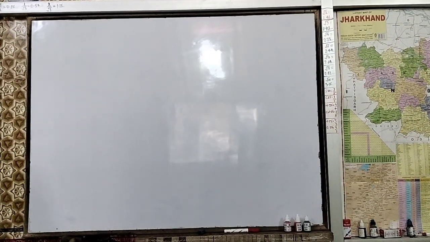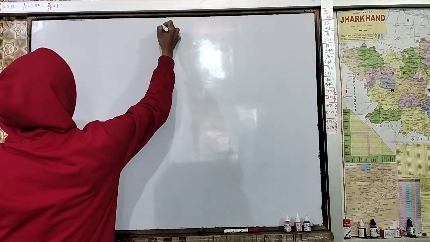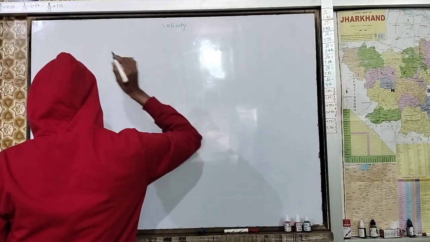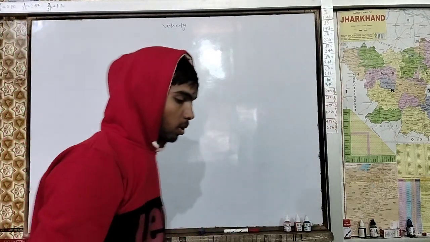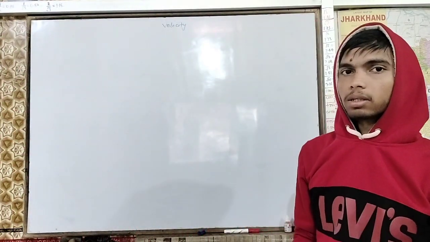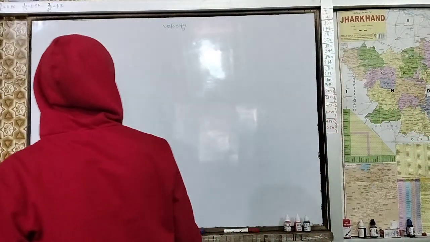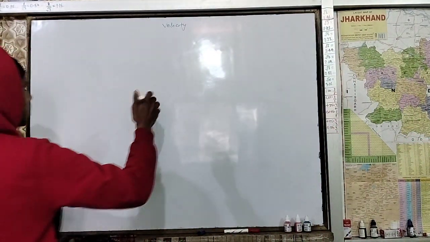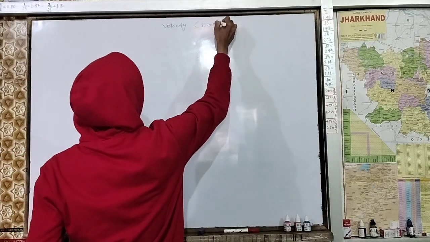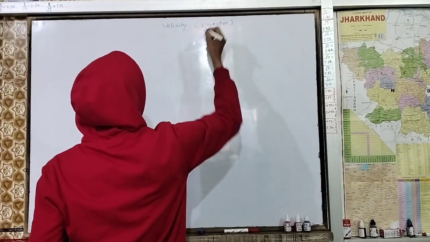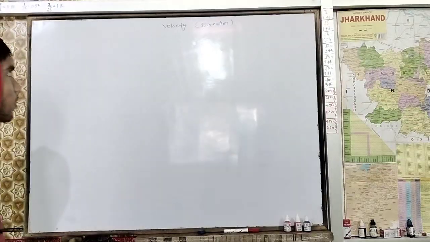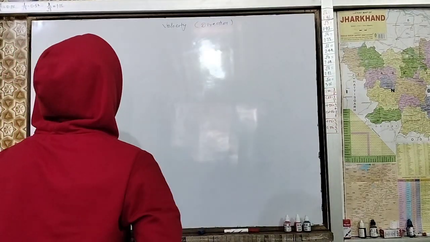Now let's move on to velocity. Whatever we saw in the definition of speed is also for velocity. Something is a little bit different. The little difference is that it has a direction. A speed does not provide direction.